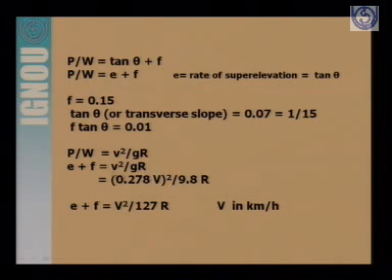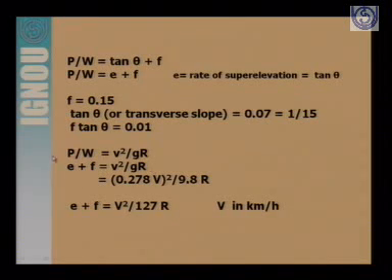And here this V is a small v we are using, means in meter per second. If we want to replace this speed in kilometer per hour rather than this meter per second, then we can write it as 0.278 V square upon 9.8 R. We have put the value of G here, 9.8.